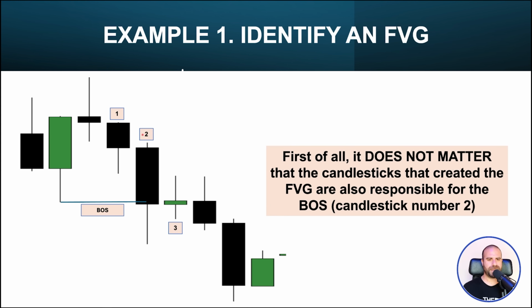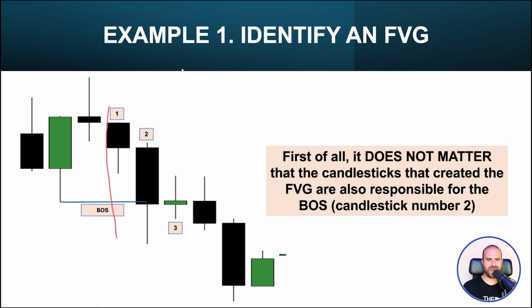What do I mean by that? In this occasion, you see that we have candlestick number 1, number 2, and number 3. And why have I placed numbers on those? Because as you will see later on, those are the candlesticks that created the fair value gap. But bear with me, it doesn't matter that those are the candlesticks that broke structure as well.